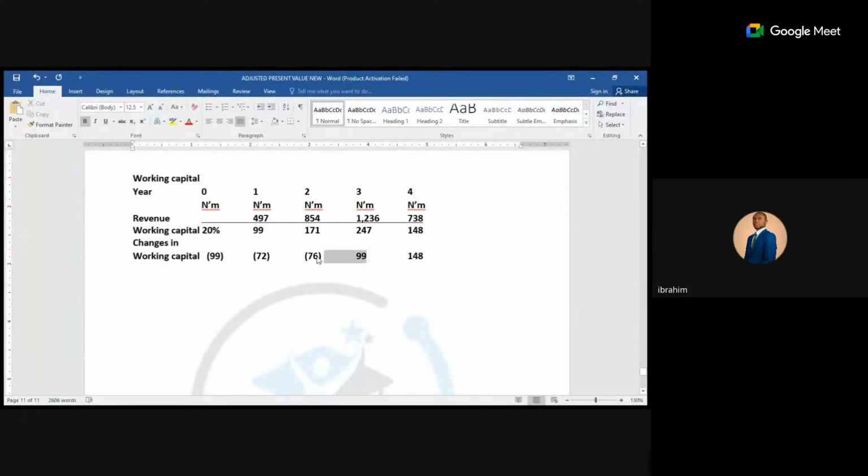If you add all this together, 99 plus 72 plus 76 minus 99, you will have 148. So this is our working capital. Do you have 148? Yes, sir. Thank you.